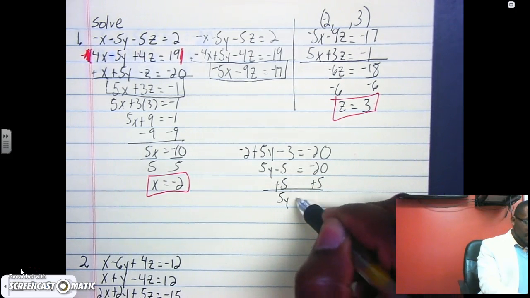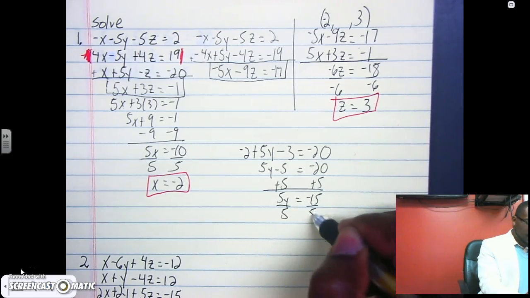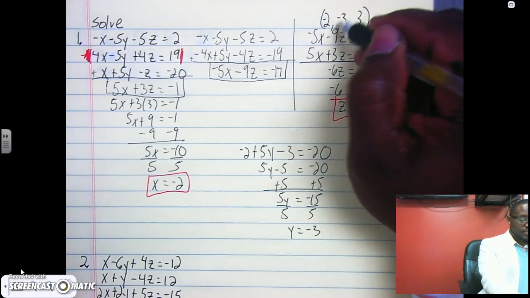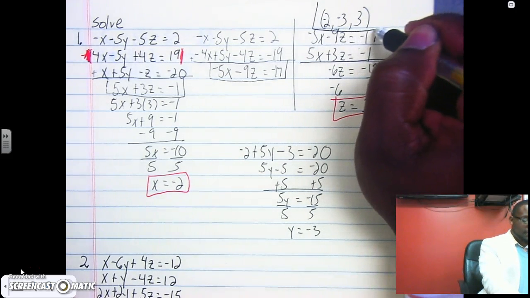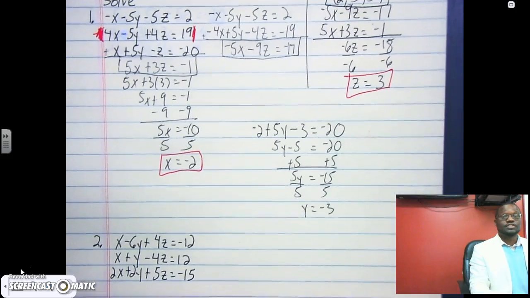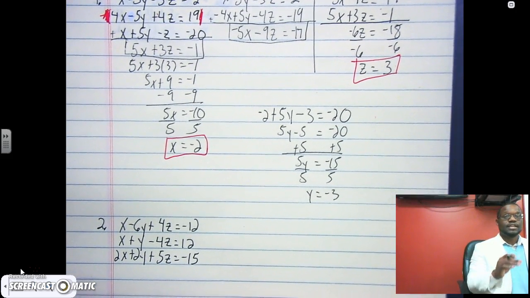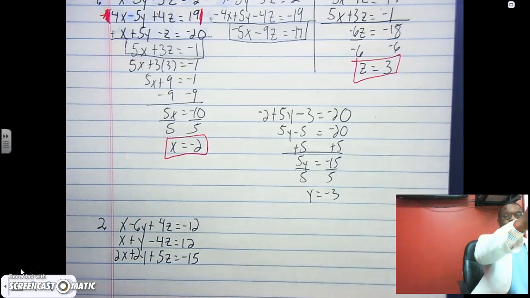You get 5y equals negative 15, and y equals negative 3. So your answer should be negative 2, negative 3, and 3. Alright? If you think you got it, you should pause and try the second problem out and see how well you do on the second problem. But I'm going to go ahead and work the second problem now.